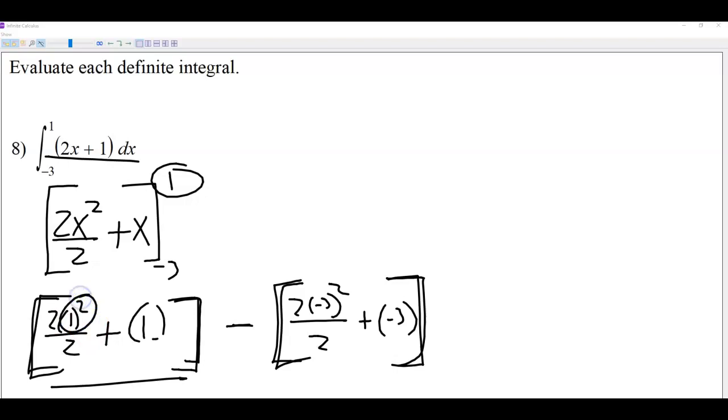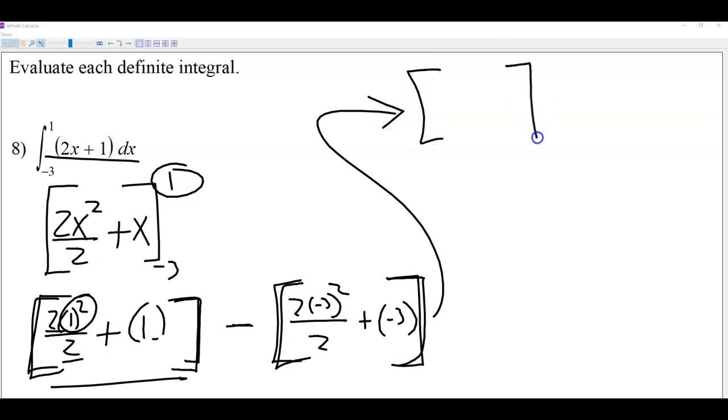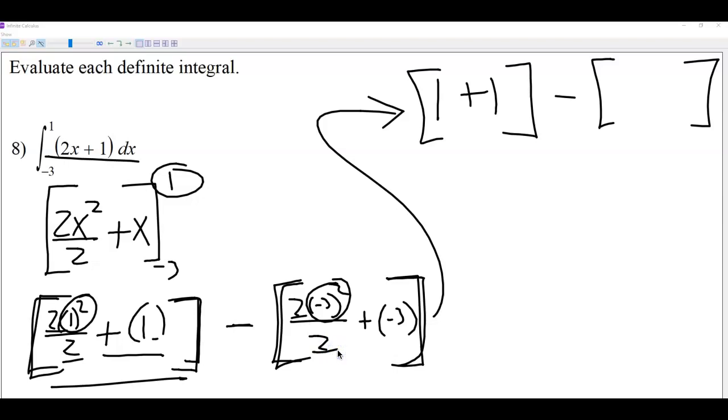So 1 squared is 1, and 1 times 2 is 2, divided by 2 is 1. So I end up with the following: 1, and then we have plus 1 still. Here we have -3 squared, that's 9, and 9 times 2 is 18, divided by 2 is 9 again.